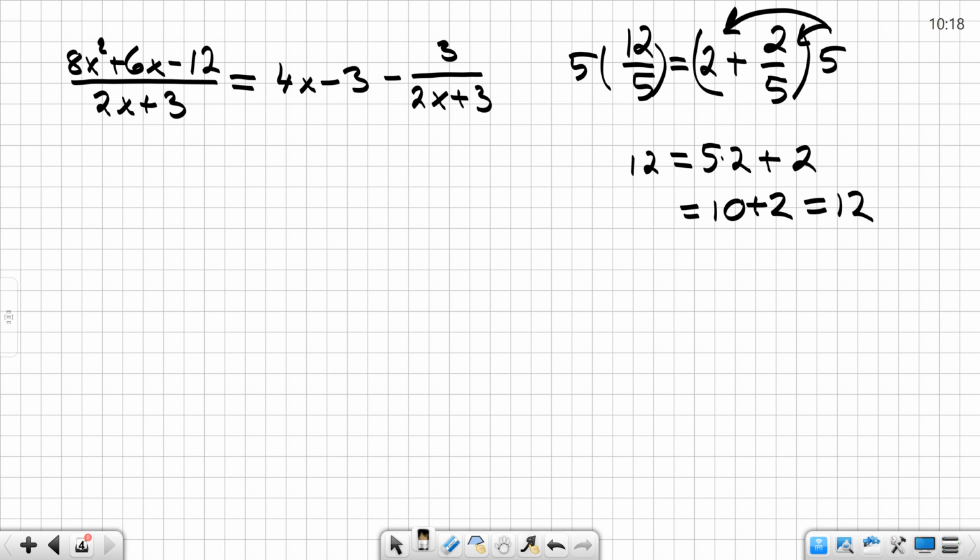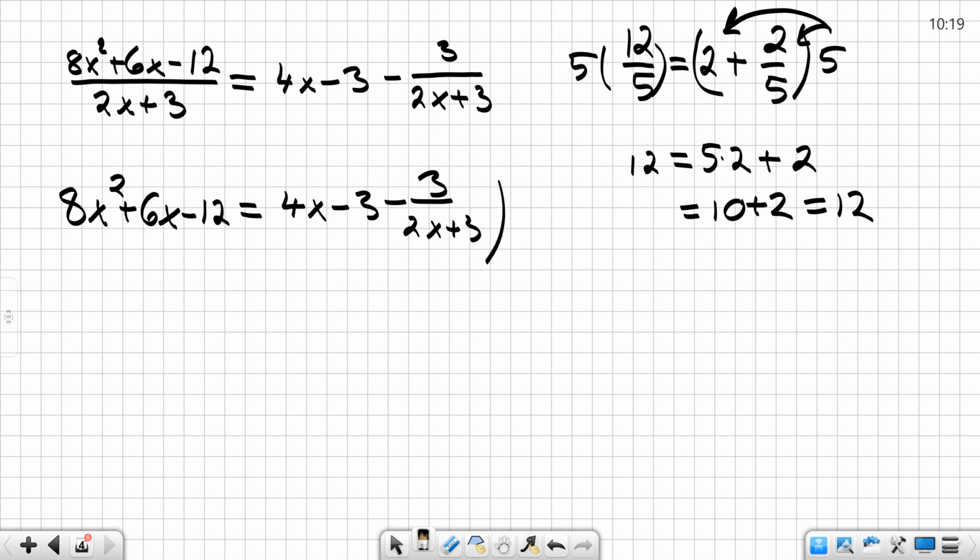I'm going to do the same thing over here. It has to be then that 8x squared plus 6x minus 12 has to be equal to all of this on the left side, 4x minus 3 divided by 2x plus 3 times 2x plus 3.